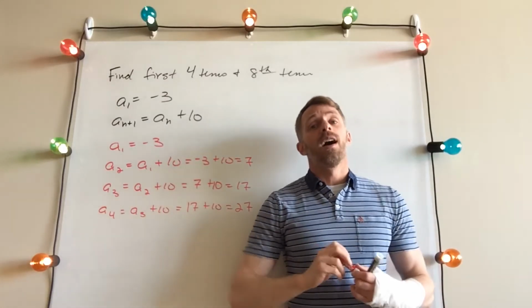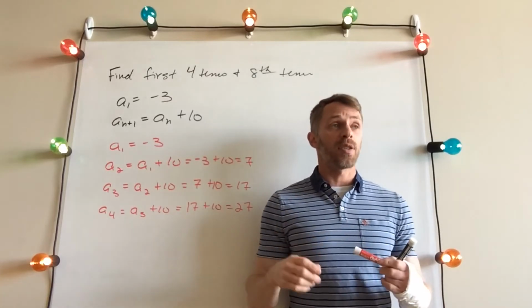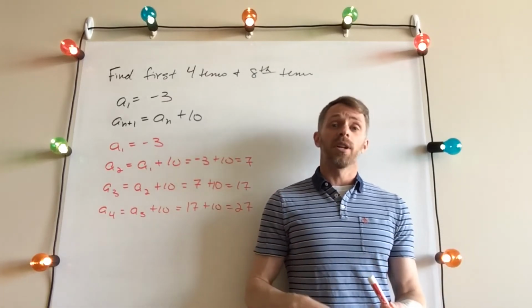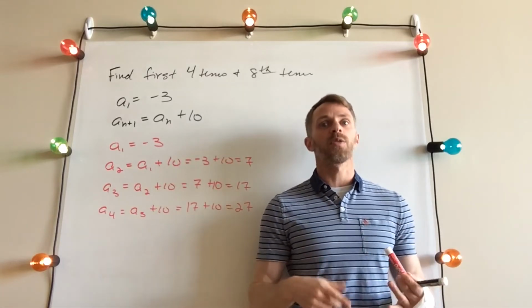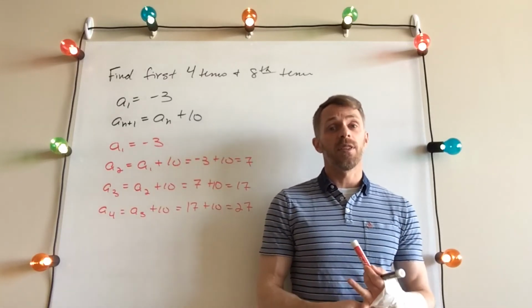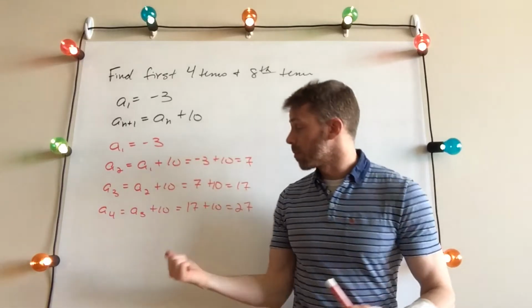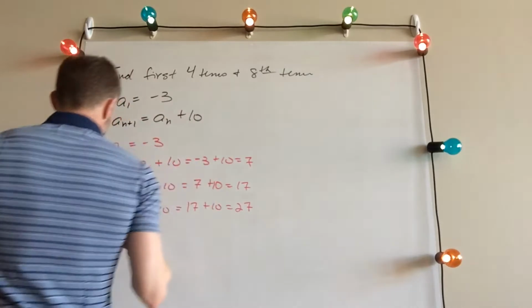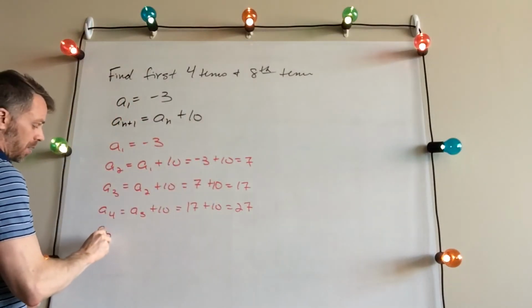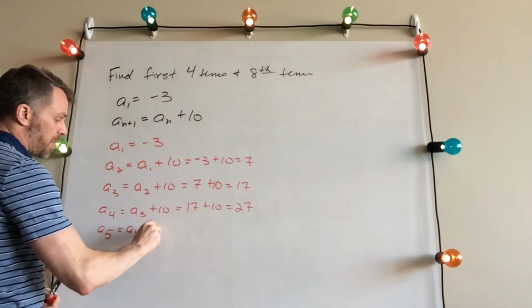All right, so instead to find the 8th term from this recursive rule, we're going to need the 7th term. But in order to find the 7th term, we need the 6th term. In order to find the 6th term, we need the 5th term. In order to find the 5th term, we need the 4th term. We have the 4th term, so we just need to continue this on. Our 5th term comes from our 4th term plus 10.